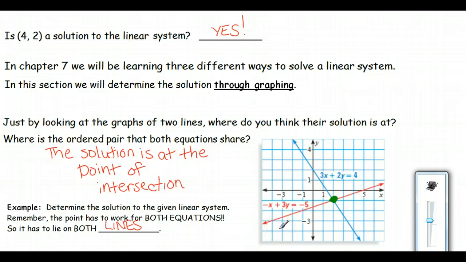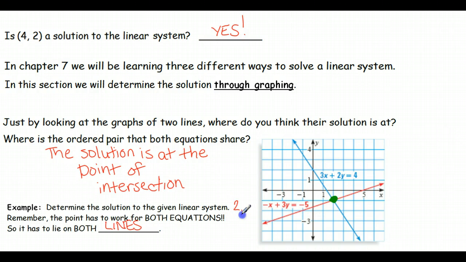Now looking at this graph of our linear system, I can tell that the solution to this system is at the ordered pair 2, negative 1. So right here where it says determine the solution to the given linear system, we would say that the solution is 2, negative 1.